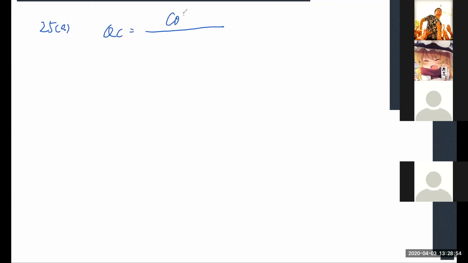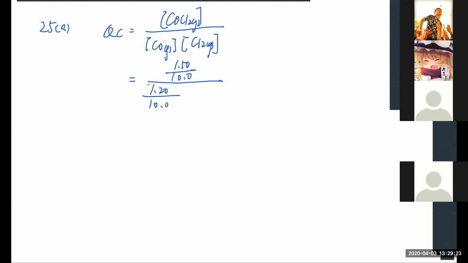It is the concentration of COCl2 gas at a certain point, not at equilibrium, and CO as well as Cl2. What you are going to do is substitute all those data: 1.50 over 10.0 mole per dm cubed, 1.20 over 10.0 mole per dm cubed, and the final one is 1.00 over 10.0 mole per dm cubed. So we will get the answer.